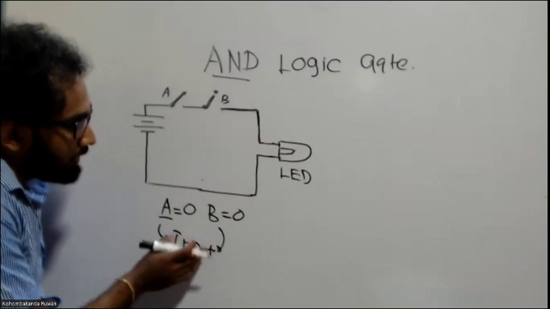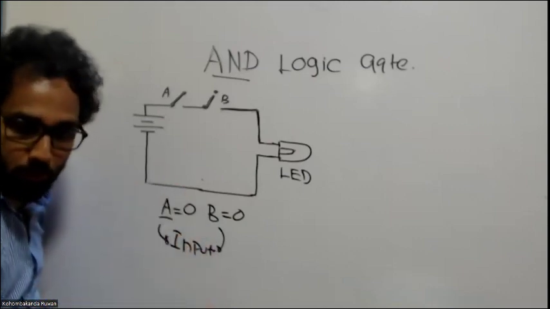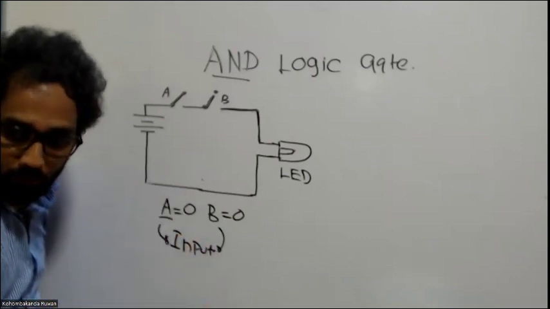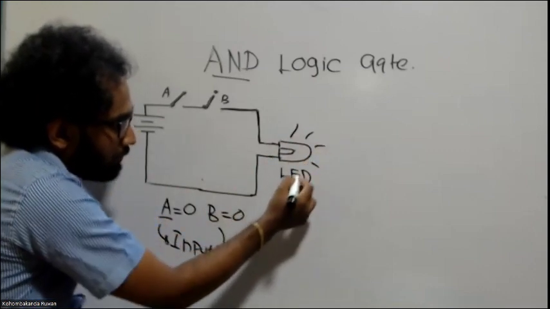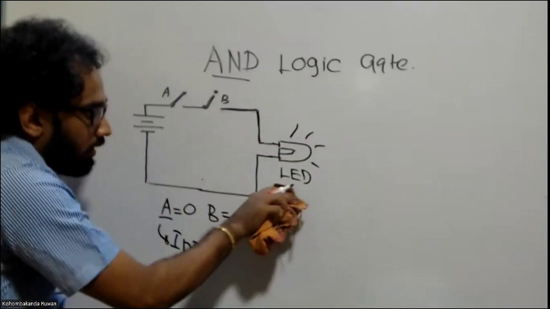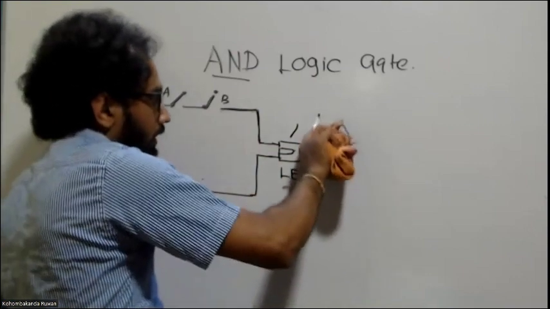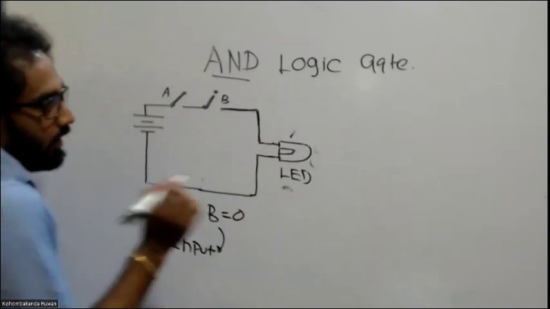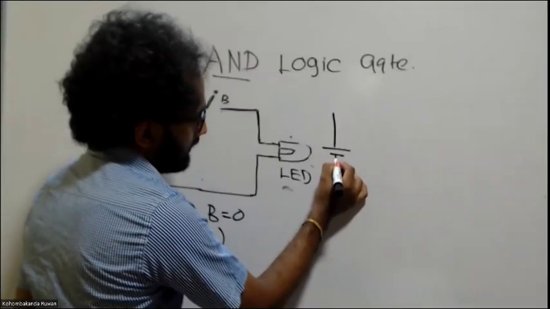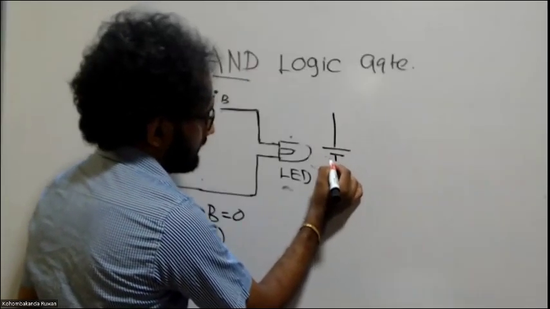Now, if you want to get some output, what do you have to do? Output means you have to switch on the bulb. One switch A, one switch B. I will use that example.